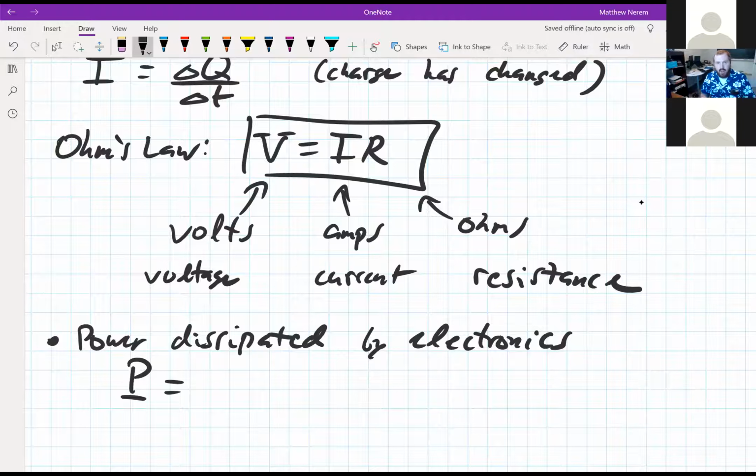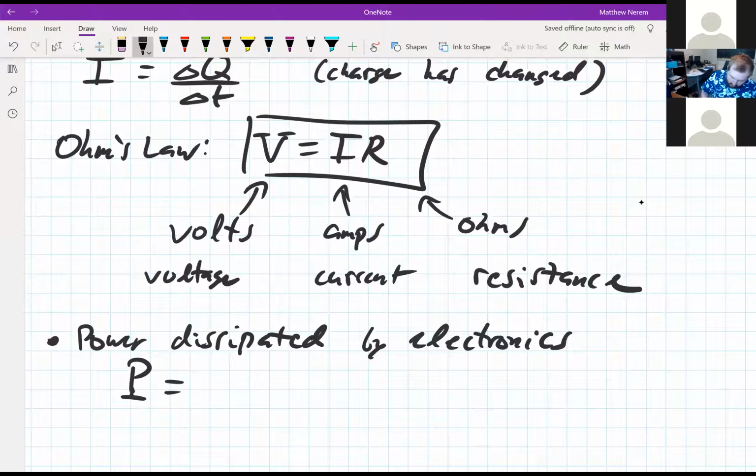The way I like to think of power, pick up your cell phone or your laptop when, let's say you're streaming a lot of content, or you're playing games on your device, and it just heats up a lot, right? There's a lot of energy being consumed, and it's got to go somewhere. And so for electronics, that tends to heat up the device.